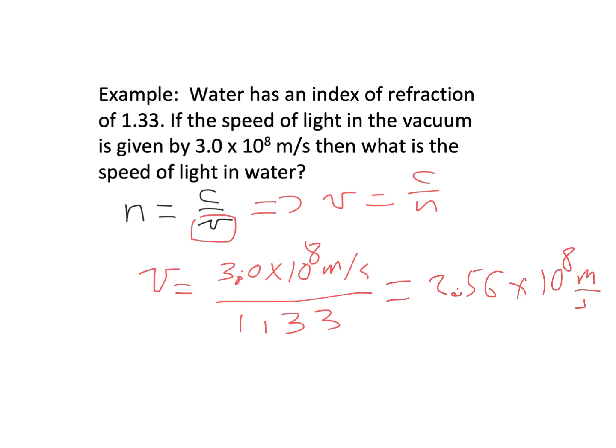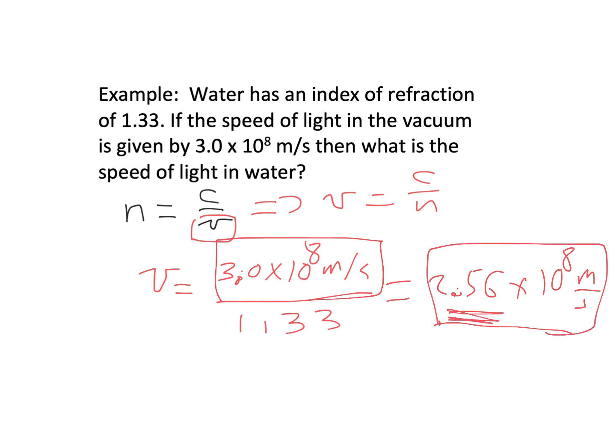And that's how fast light would travel in water. And of course we know the 3.0 times 10 to the 8 meters per second is how fast light would travel in vacuum. So we see indeed when the light enters into the water, it does slow down because 2.56 is less than 3.0.